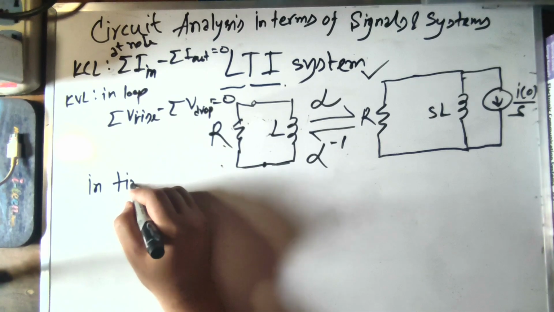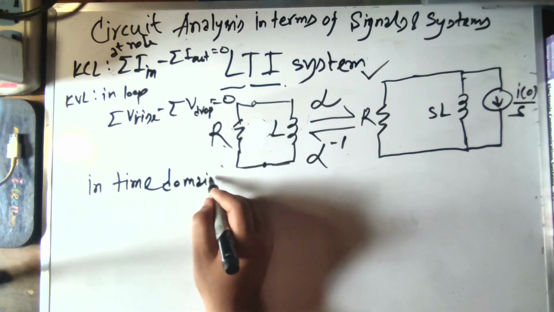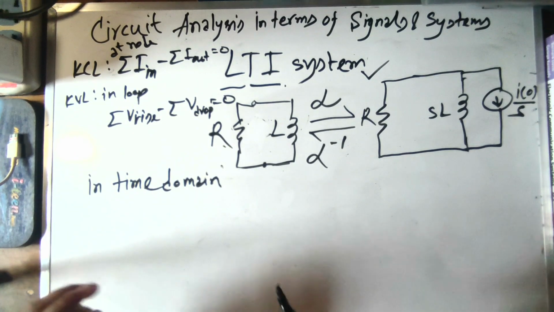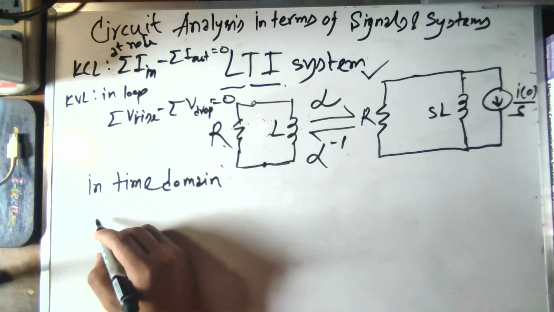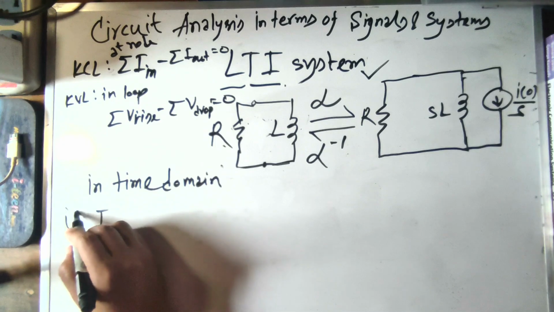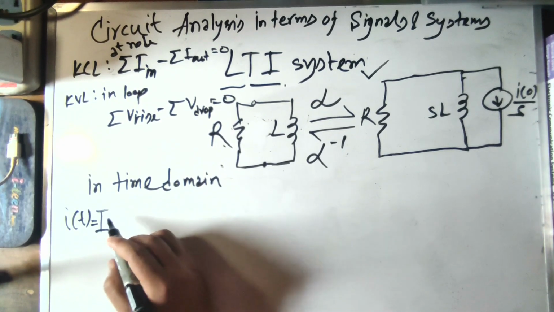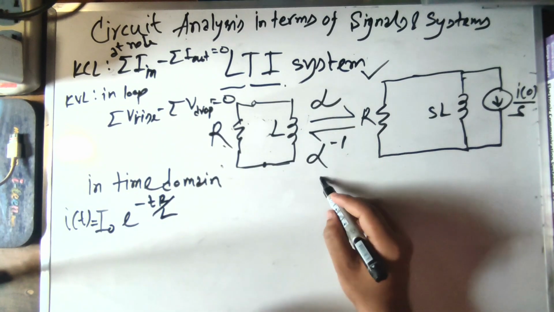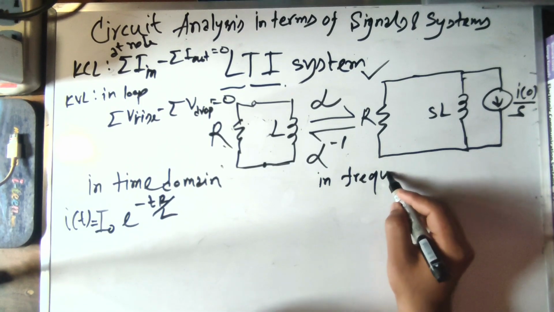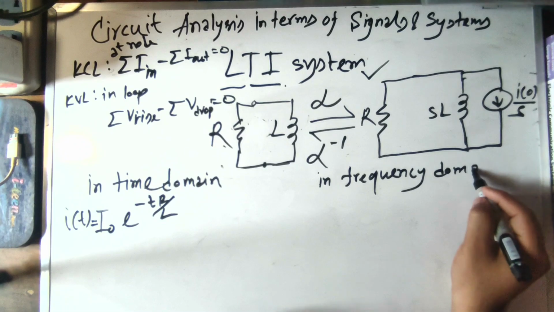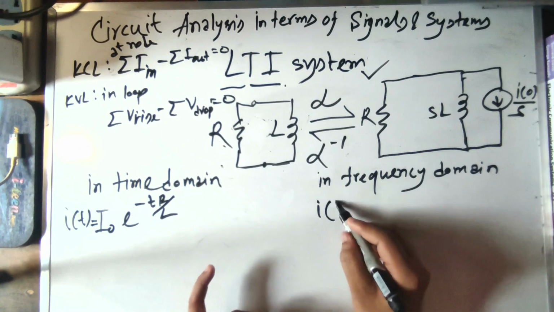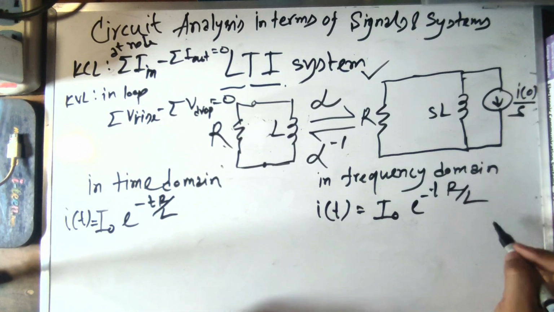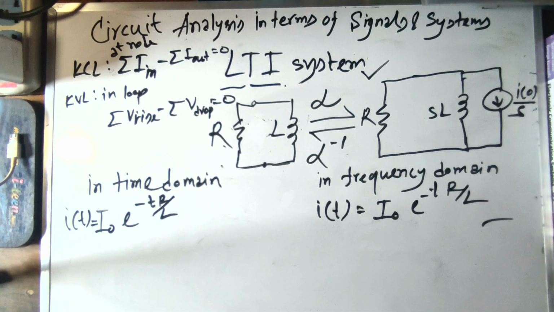In the time domain, from the complete circuit analysis we get the current i(t) equals initial current times e to the power minus t R by L. In the frequency domain we get the same answer: I0 e to the power minus t R by L. So this is the answer.